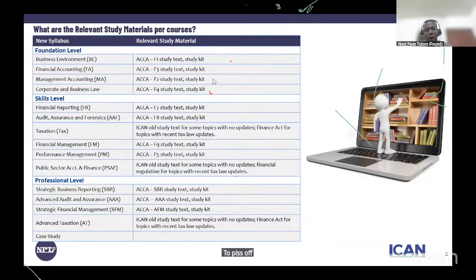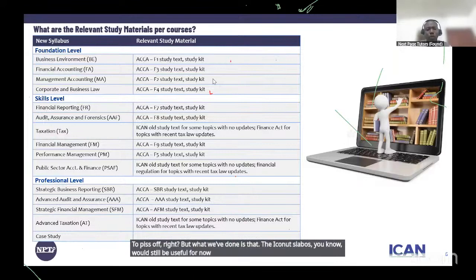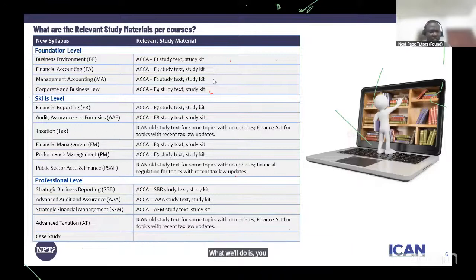But the ICAN syllabus notes will still be useful for now. For topic chapters that we've noted they have updated, we'll check the updated financial regulations and use them to prepare for class. That's it for skills level.